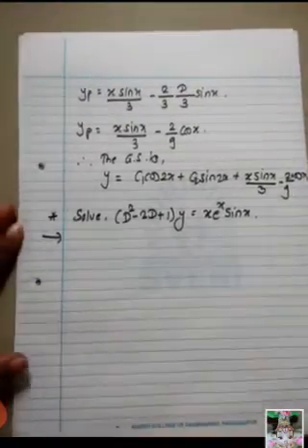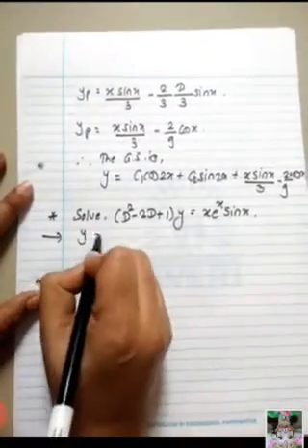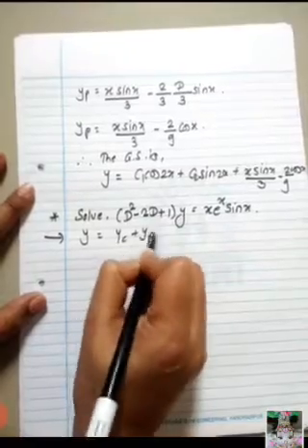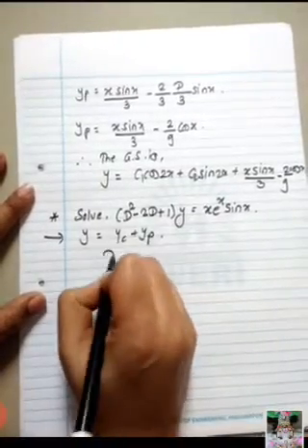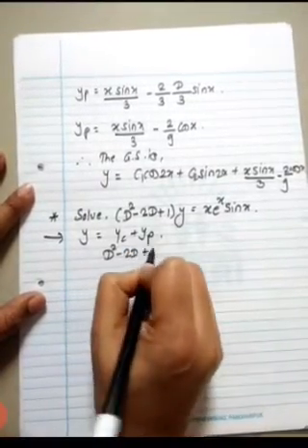Got the roots? This will be the solution. So to find yc, consider the auxiliary equation D square minus 2D plus 1 is 0.